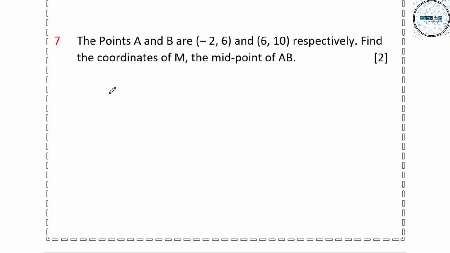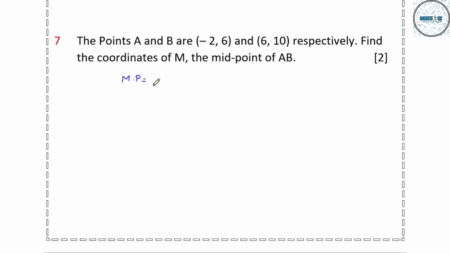Another question related to midpoint. The points A and B are minus 2, 6 and 6, 10 respectively. Find the coordinates of M, that is the midpoint of AB. So we have to use here midpoint formula. Midpoint is equal to x1 plus x2 upon 2.